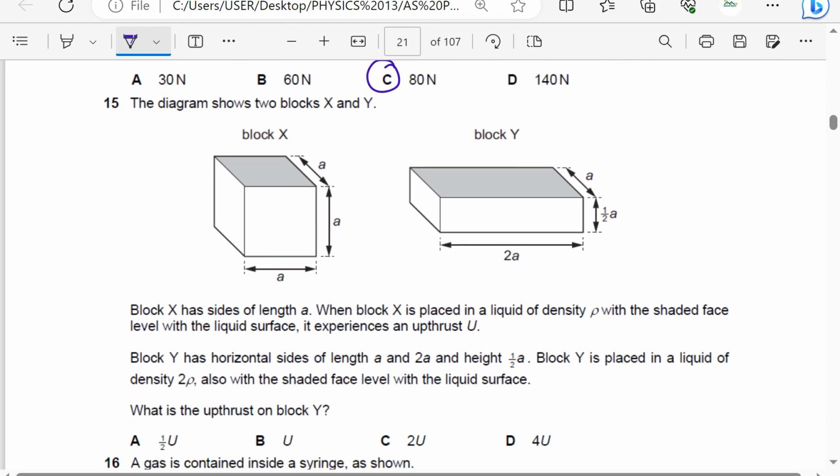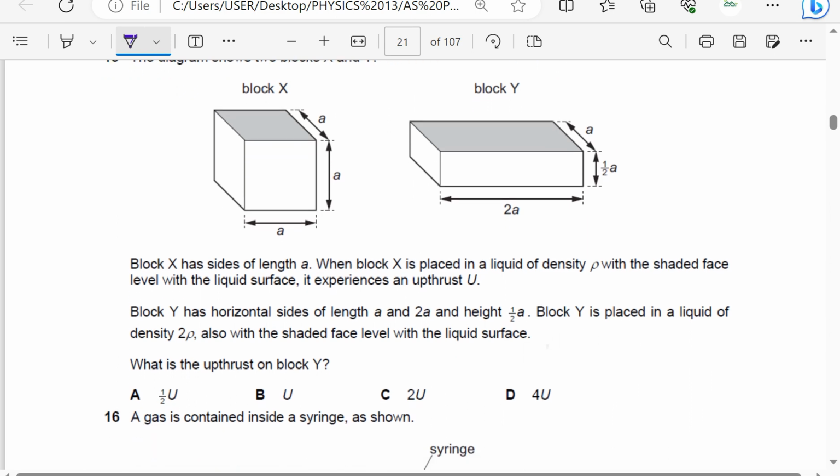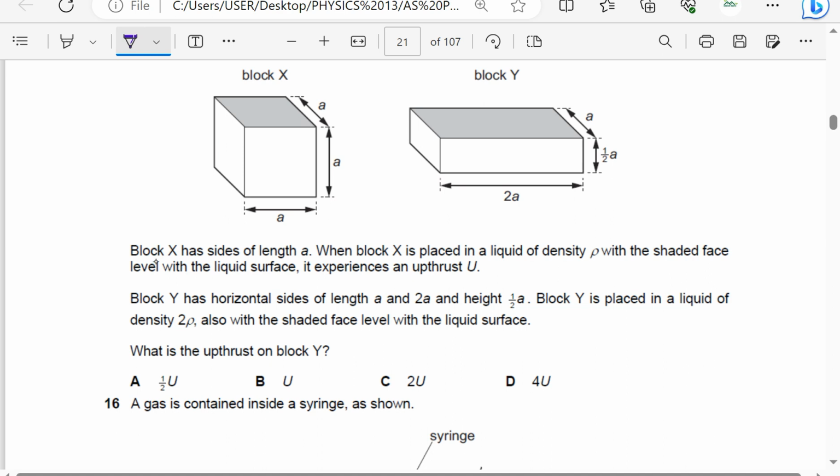The diagrams show two blocks X and Y. Block X has sides of length A. When block X is placed in a liquid of density rho with the shaded face level with the liquid surface, it experiences an upthrust U. So let's see the upthrust.